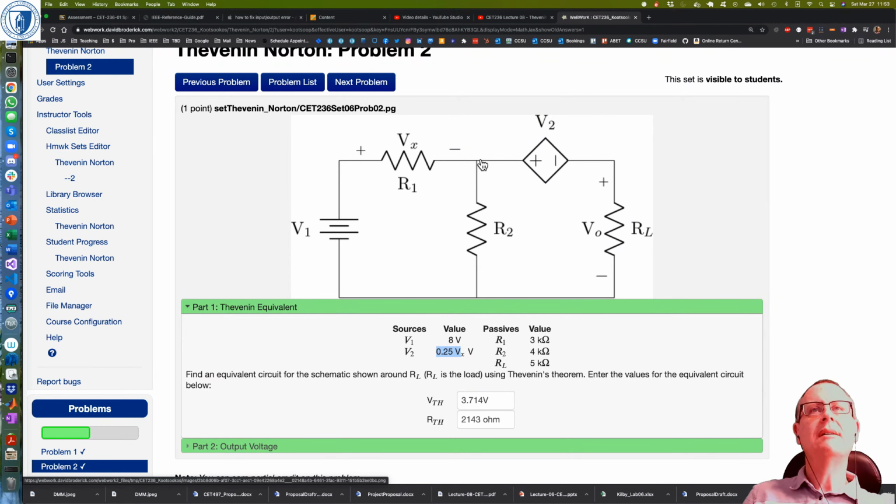So we can calculate the voltage here just using a voltage divider, right? But then the open circuit voltage is going to be that voltage dropped by 0.5 Vx. So we need to do that calculation.